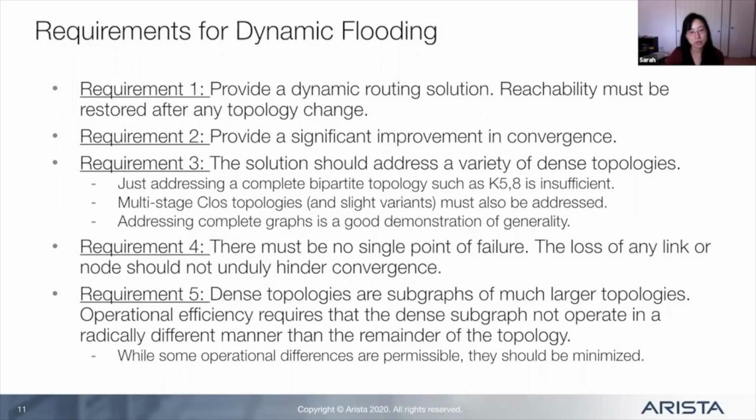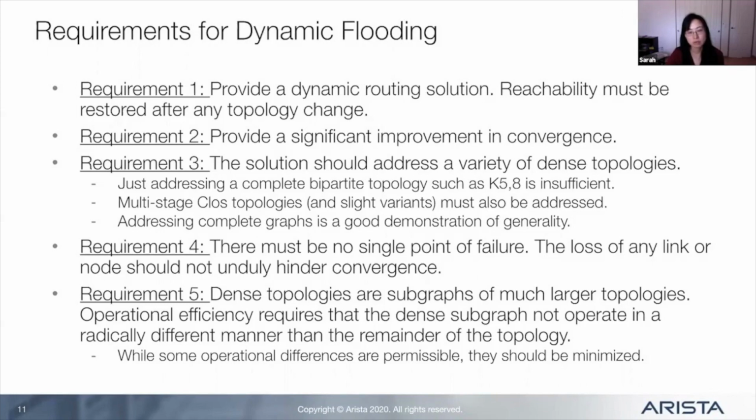The third requirement is that the solution should address a variety of dense topologies. It should not just address a complete leaf-spine topology. That's not sufficient, because when the topology changes, it no longer remains a leaf-spine topology.